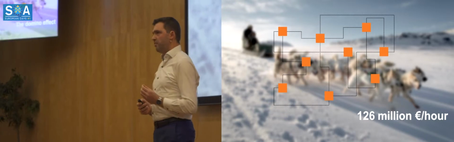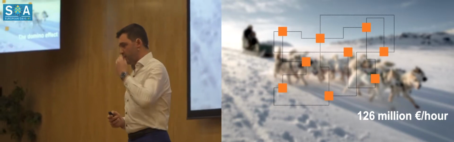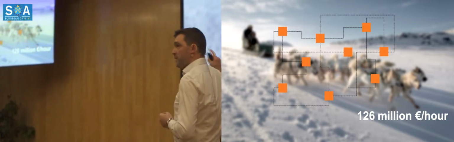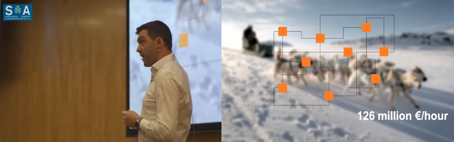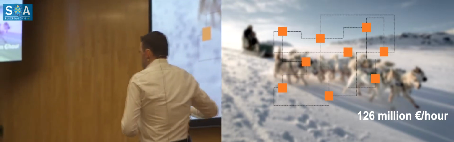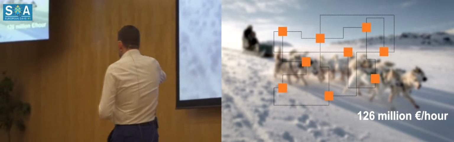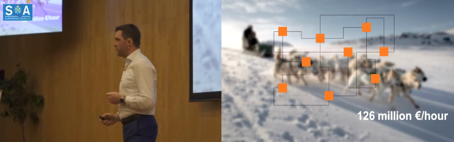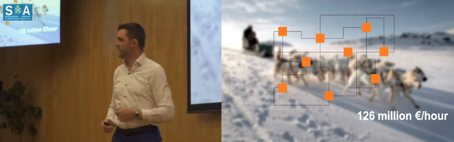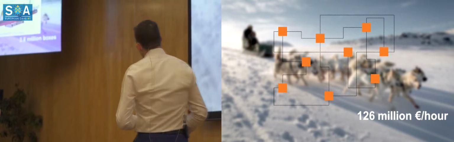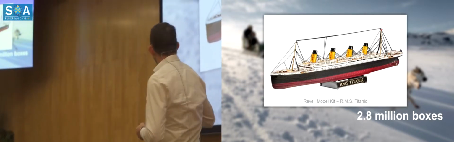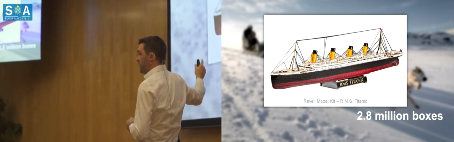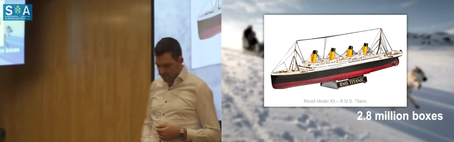If in Belgium an outage or a blackout would happen again, it will cost us that amount of money per hour. And when I was preparing the presentation, I thought, yeah, those are amazing amounts. What can you buy for this amount? Well, if you are interested in the Titanic model kit, for that amount you can buy 2.8 million boxes.